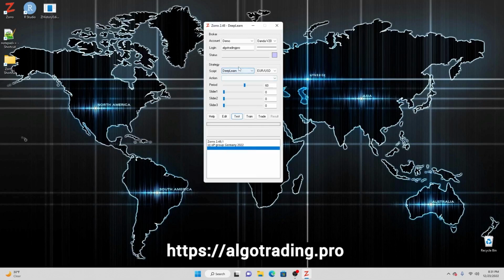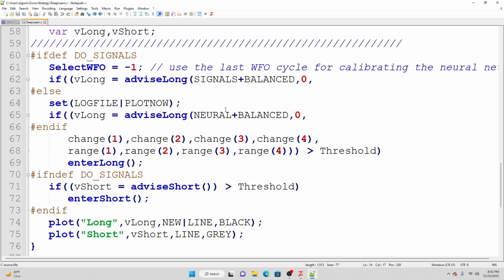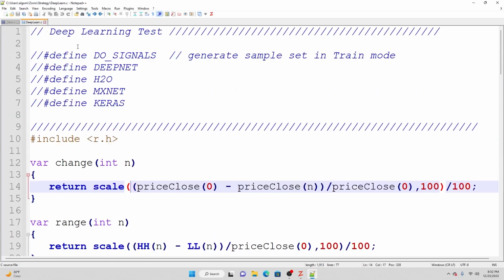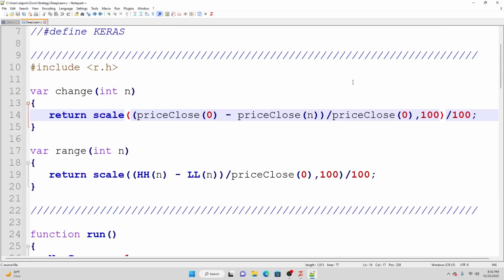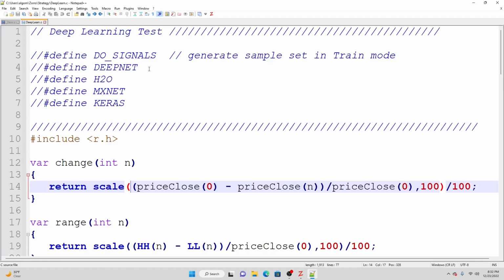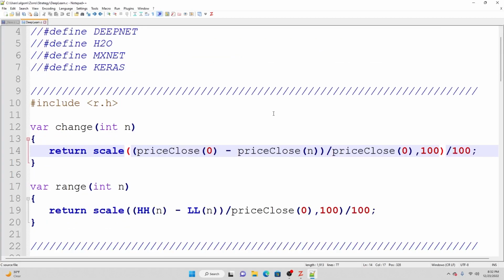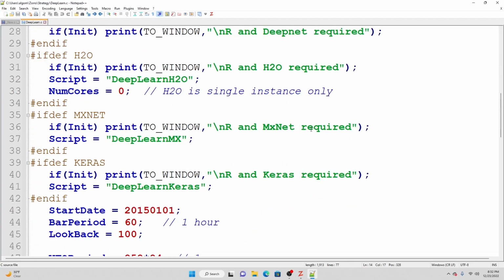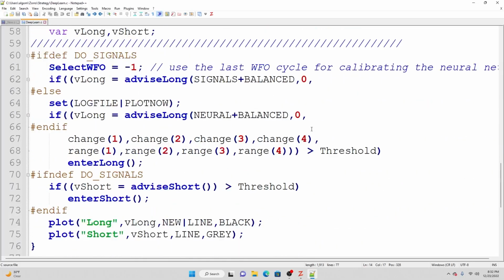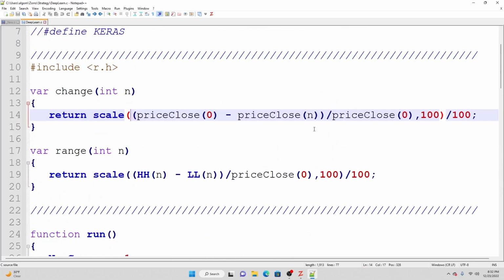All right, so let's take a look at the script that we have here, and we can see that it's all about deep learning, right? And it is all about deep neural networks and platforms for that, like Keras and DeepNet and H2O and MXNet and so on and so forth. And again, the creators of Zorro have provided the code for this strategy.